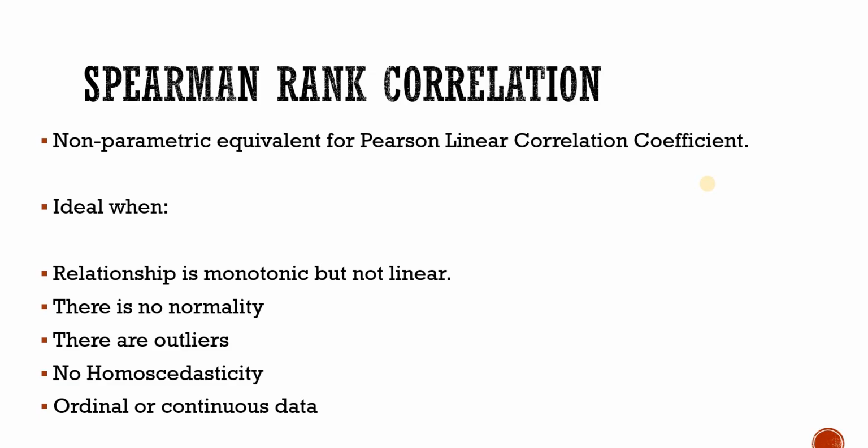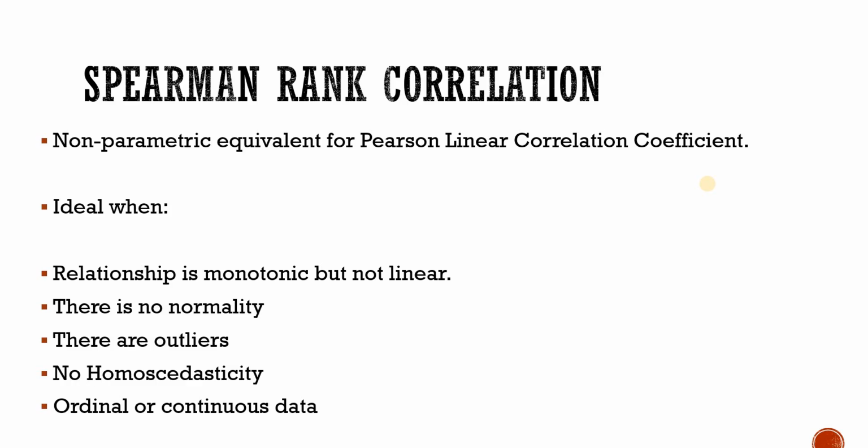However, when you do a scatter plot, you realize it's not a straight line that's generally seen. Probably you see a curve or something like that, but overall it's going in one direction. So it's monotonic but not linear. Then you can't do a Pearson correlation coefficient. So you'd have to do a Spearman rank correlation.